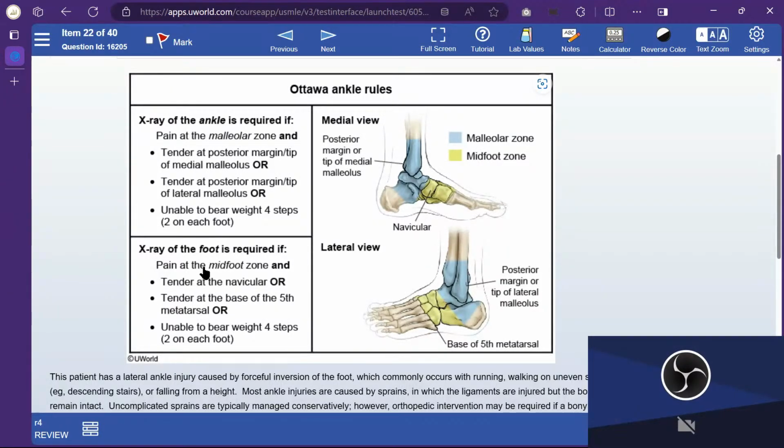If pain is in the midfoot zone, do X-ray of the foot.